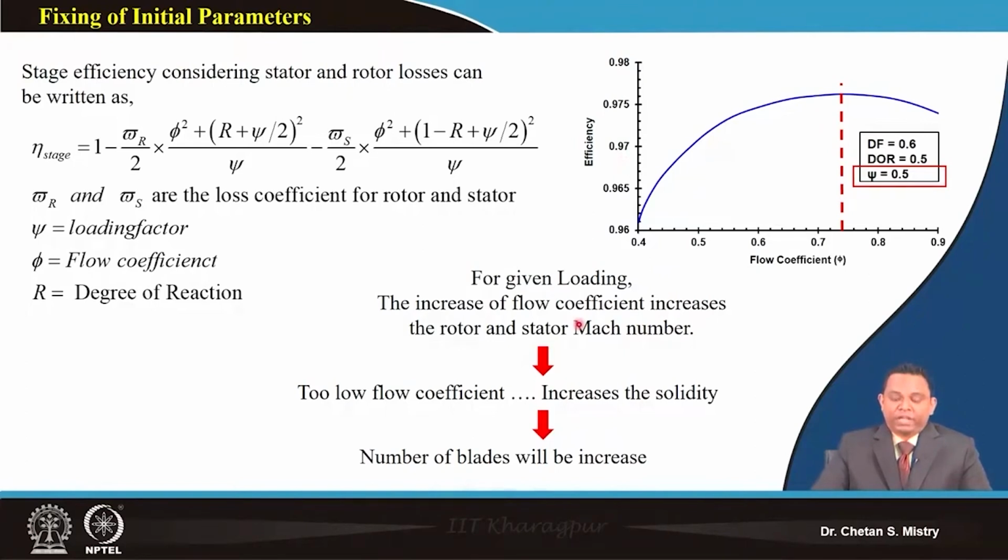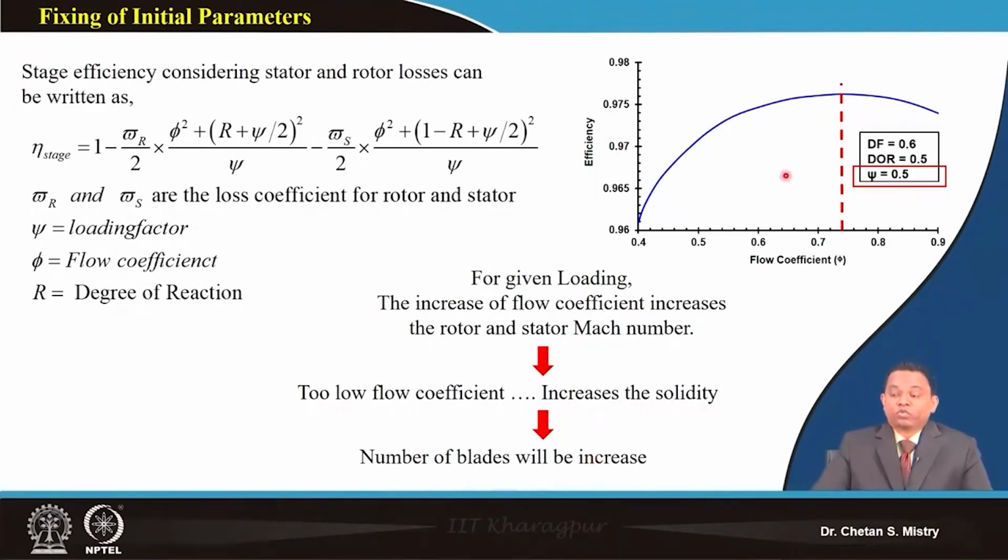Remember one thing: this is because of the Mach number, the rotor and stator Mach number. If we have a low flow coefficient, under that condition the solidity will increase, and that will lead to an increase in the number of blades.